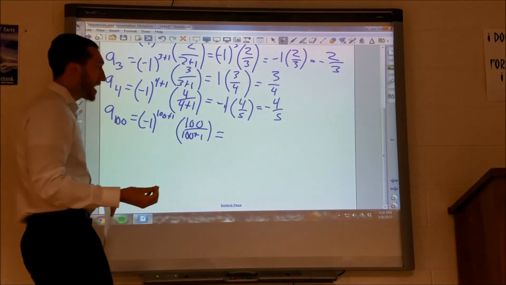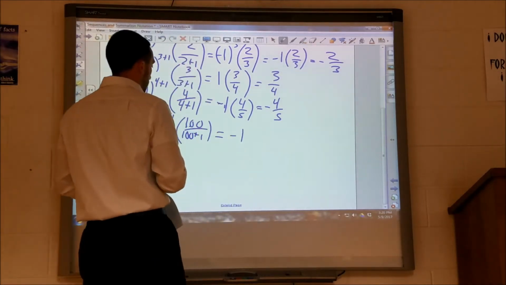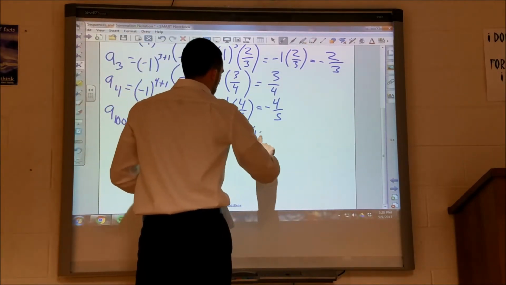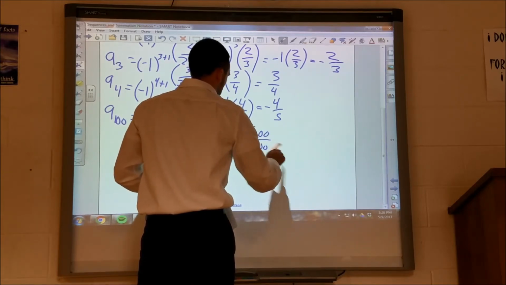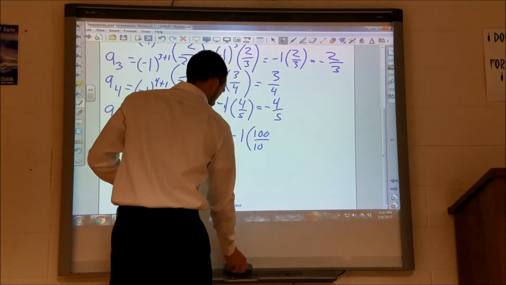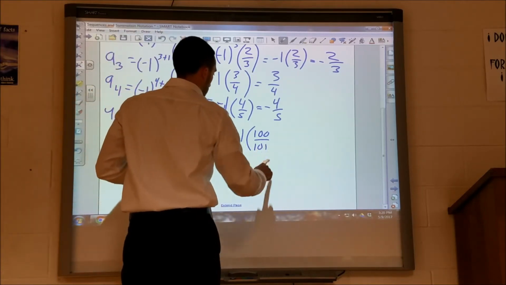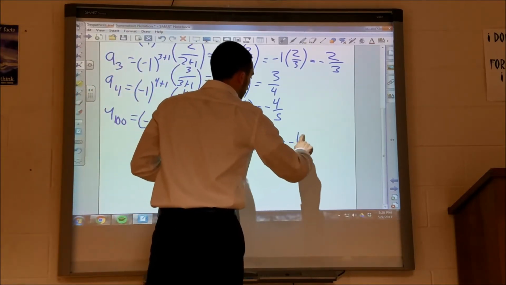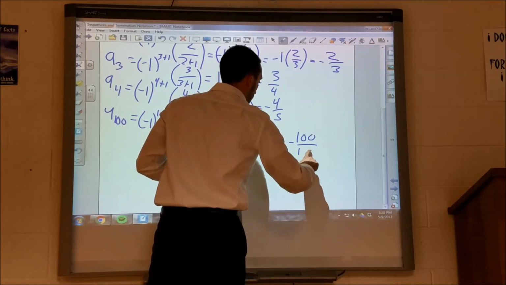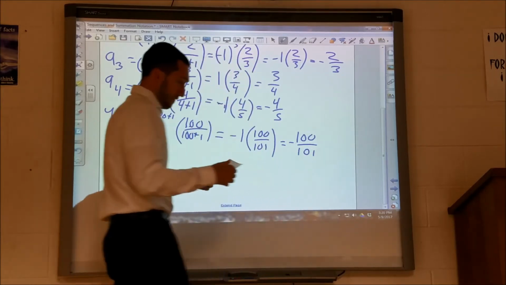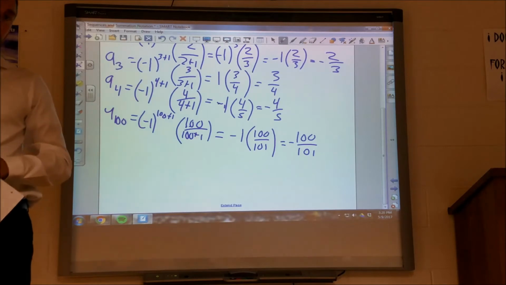Well, that's an odd power. So it's going to stay negative 1 times 100 over 101. Which gives us negative 100 over 101 for the 100th term.